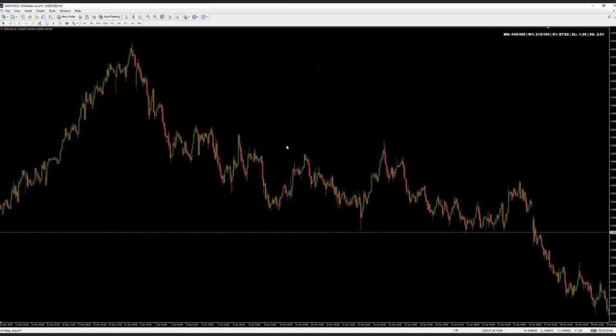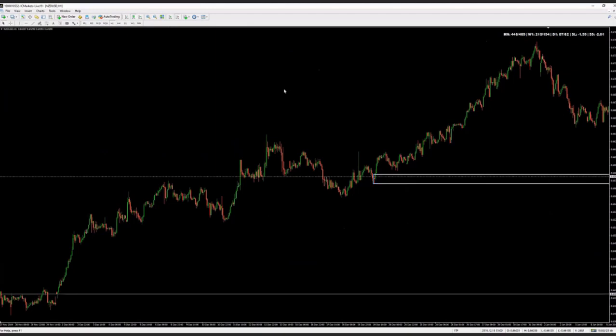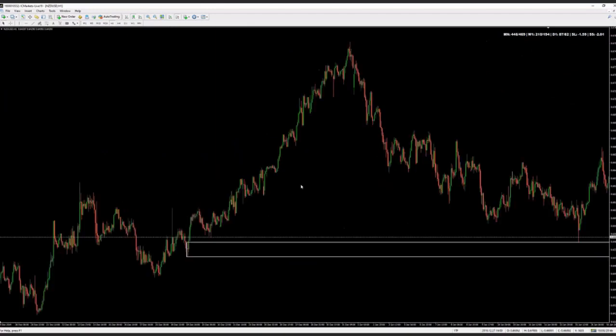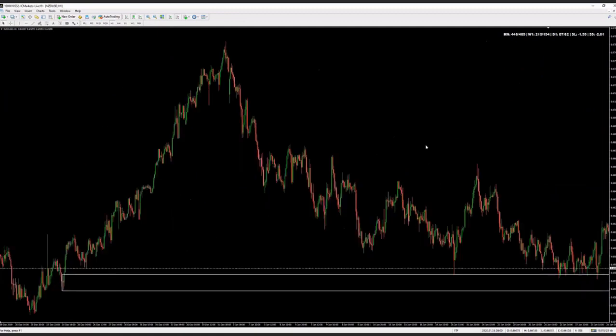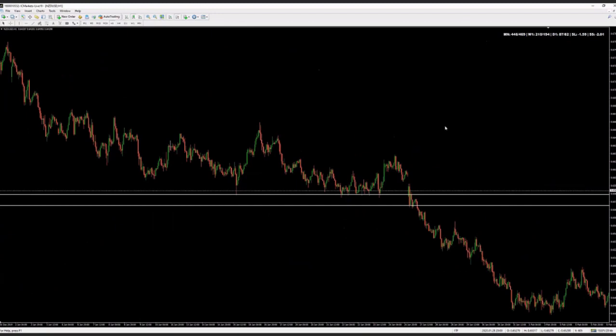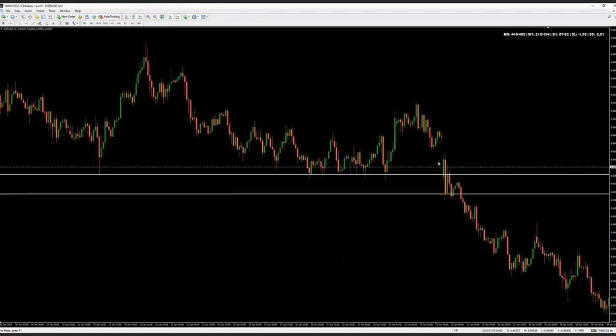We had this area of demand, the buy zone was here. It's tested a lot, and now it's gone. You can see that in the price gap down, and let me zoom in so it's clearer. We went through it, we went higher.